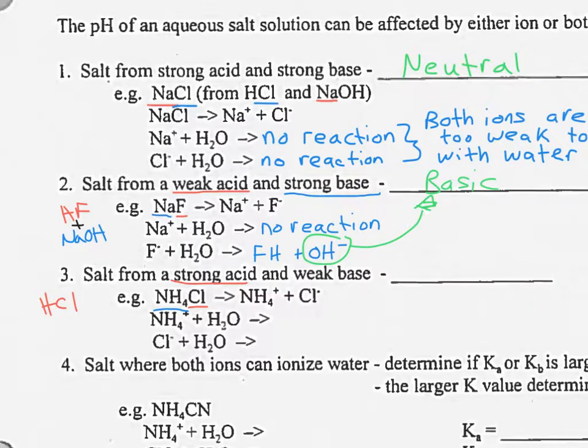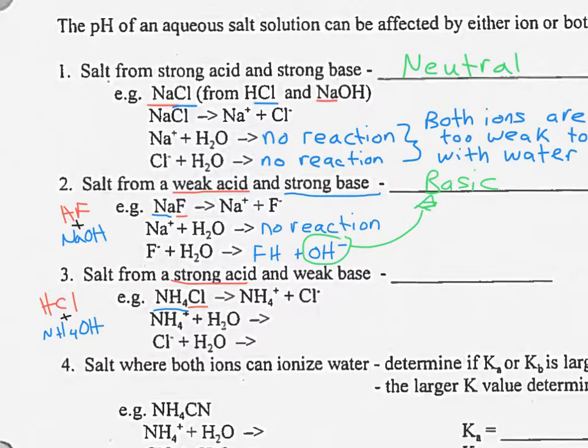Our weak base was NH4OH, and the two of those together react, and the resulting salt is NH4Cl, which again breaks apart into ions. If we look at that figure on page 562, we can see that NH4 is a weak acid in water. That means it's going to ionize the water a little bit.